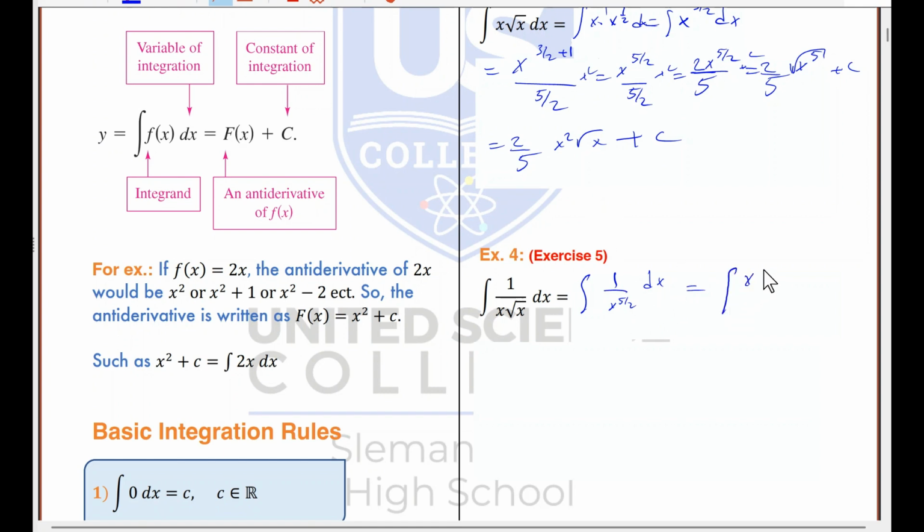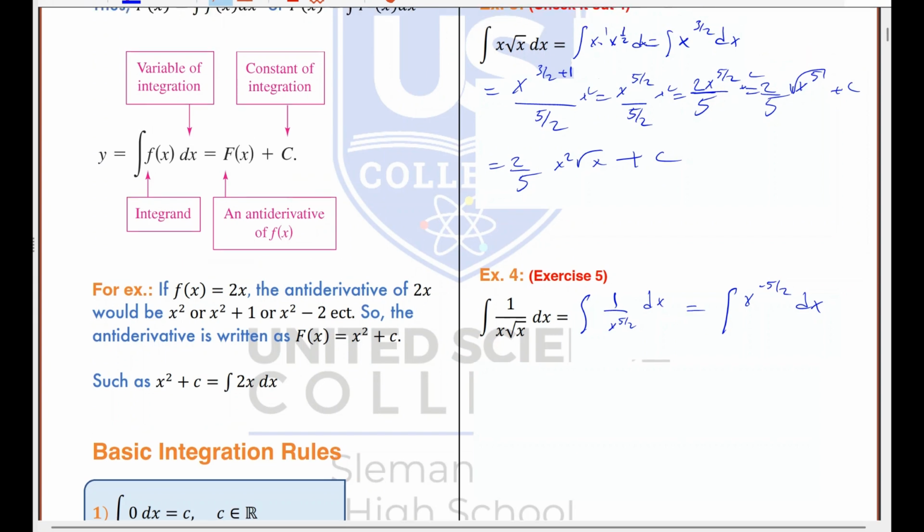Let's move it up. X to the -5 over 2 dx. Now, we are done with rewriting this. So it's not 5 over 2, it's 3 over 2. Okay, now we are done with rewriting the original function, original question.